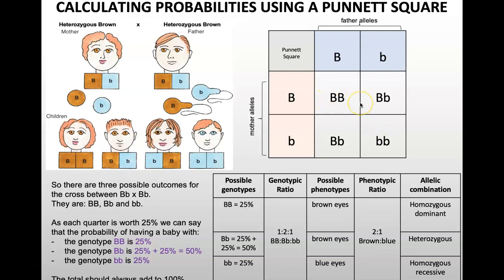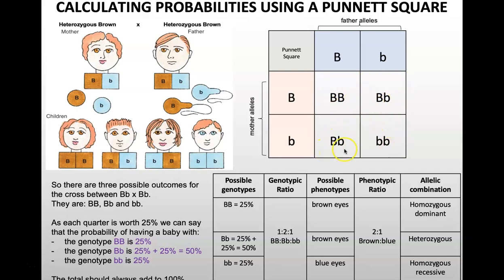We end up having three different types of genotypes. We've got a big B big B combination here, a little b little b combination here, and then we have two chances of getting a heterozygous big B, little b, here and here. Each of these squares is worth 25%.